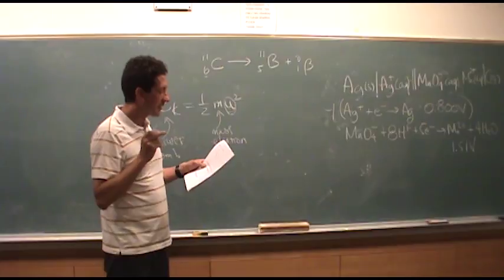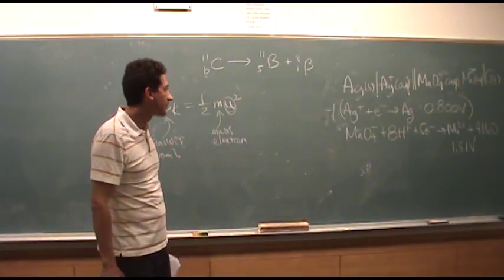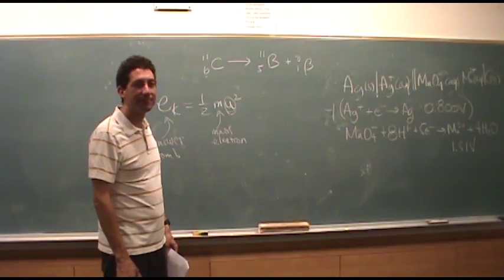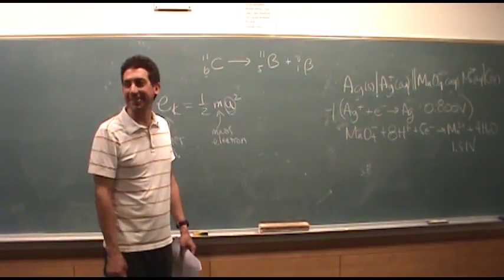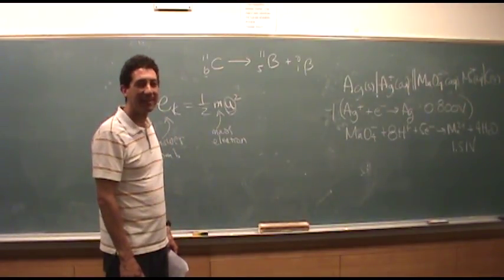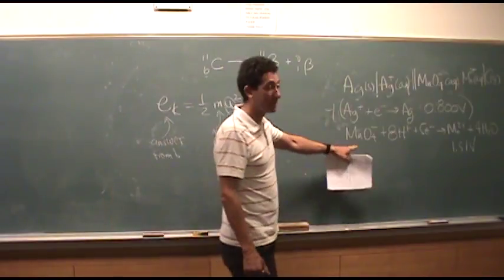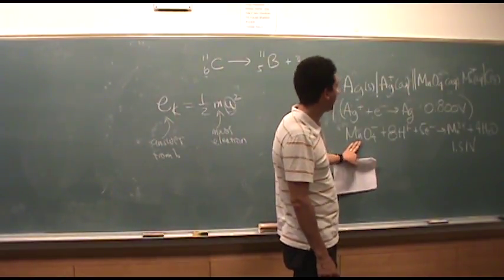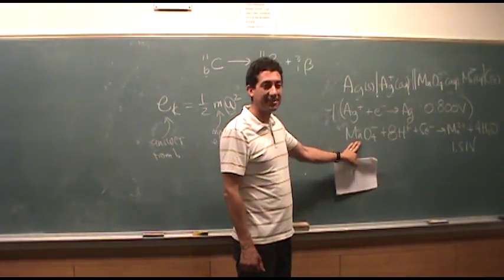Okay, so first I need to identify the oxidizing agent. What the heck is that? The one that reduces. Okay, it's the one that gets reduced, and which one is that? This one? Okay, how did you know that? Sounds good to me.